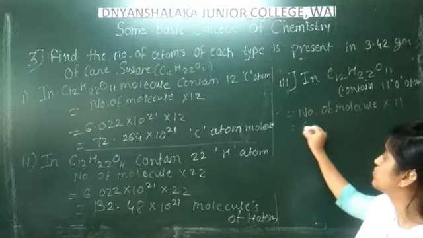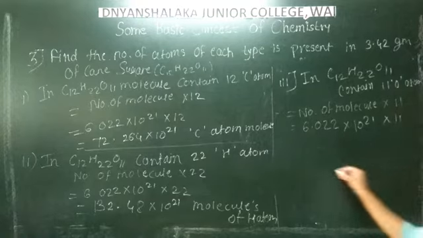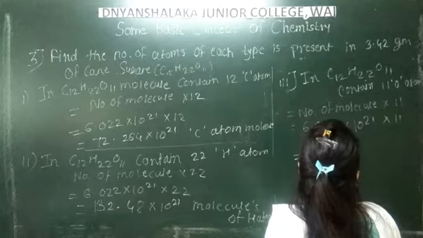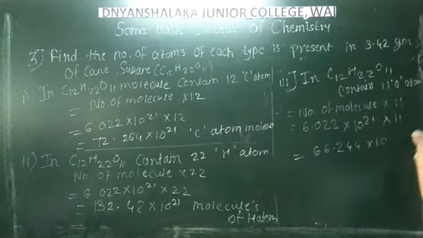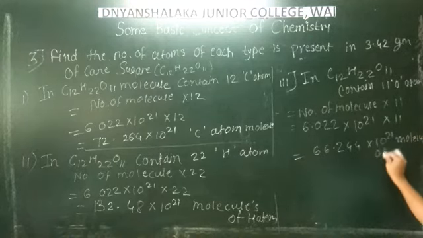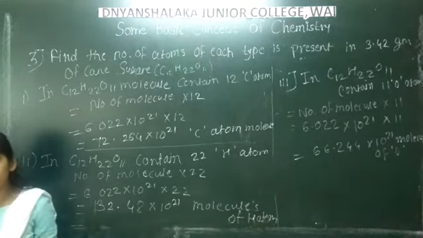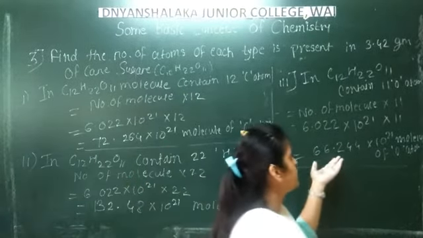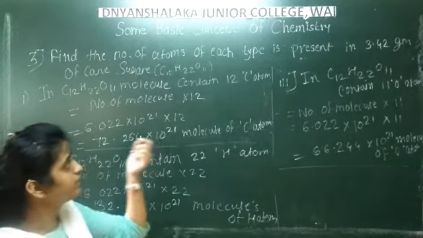So 6.022 into 10 raised to 21 into 11. On multiplying these two values we get 66.242 into 10 raised to 21 oxygen atoms present in this cane sugar molecule, that is, 66.244 into 10 raised to 21 atoms of oxygen present in the cane sugar molecule.